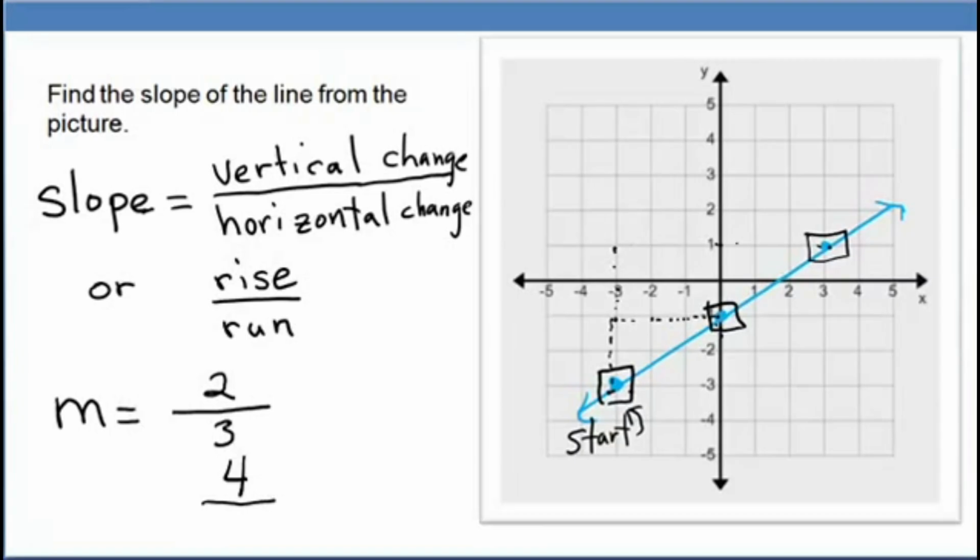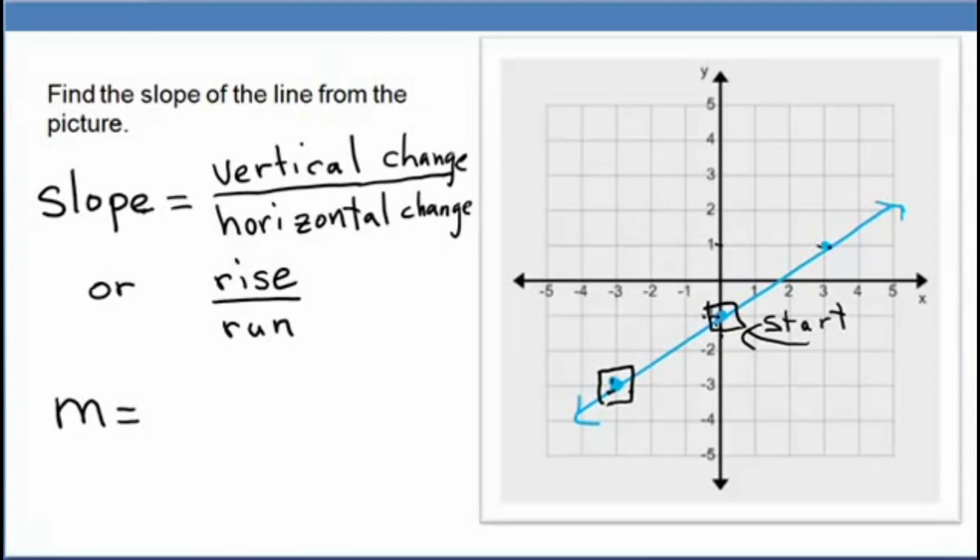And then we would have to move across to the right 1, 2, 3, 4, 5, 6 spaces. But we could reduce. 4 over 6 has a common factor of 2, so we could divide by 2. 2 will go into 4 2 times. 2 into 6 will go 3 times. So we're going to get the same number for our slope.